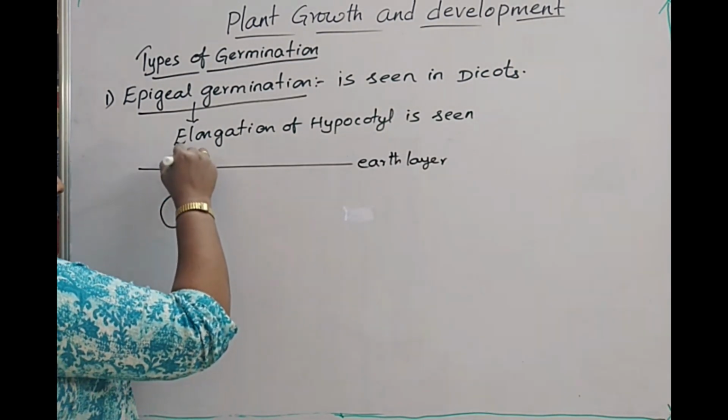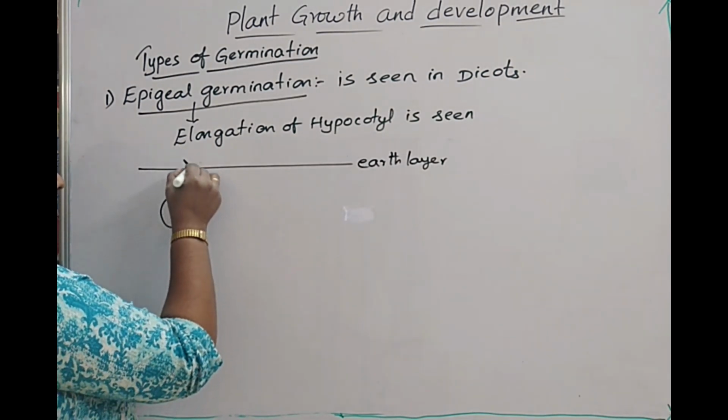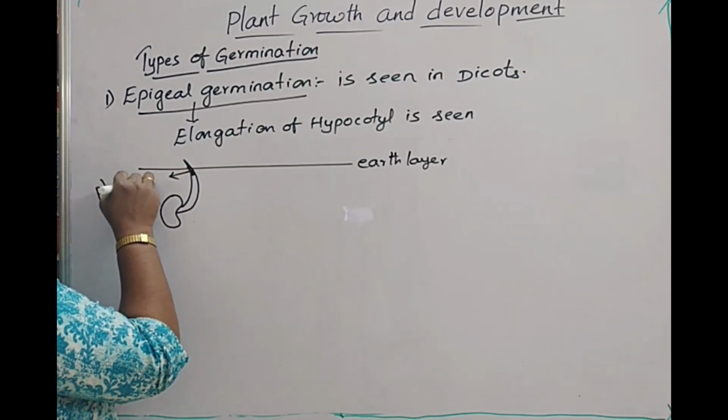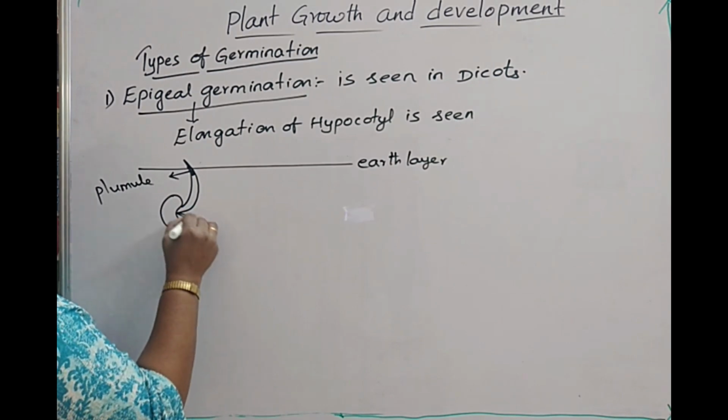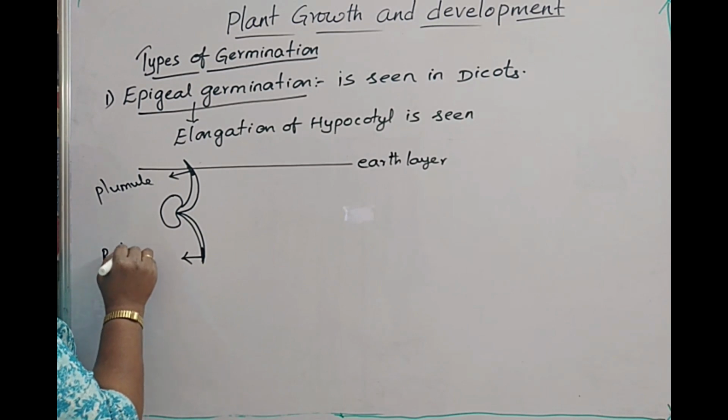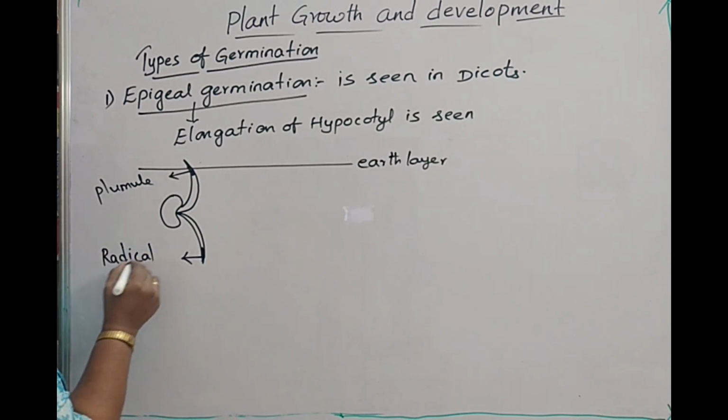The tip part will be plumule and the bottom part will be radicle.